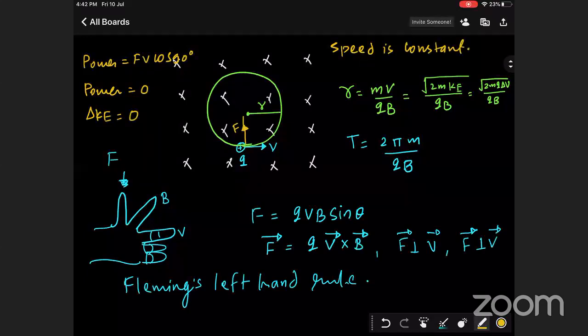But momentum and velocity are changing due to direction. So magnetic field can only change direction, due to which velocity and momentum will change.